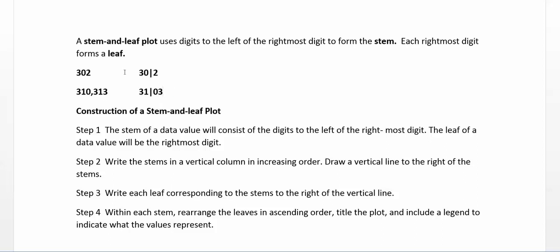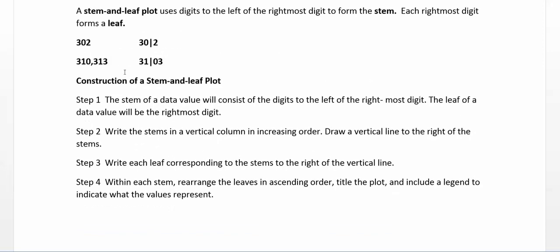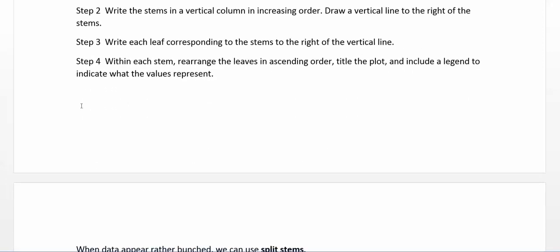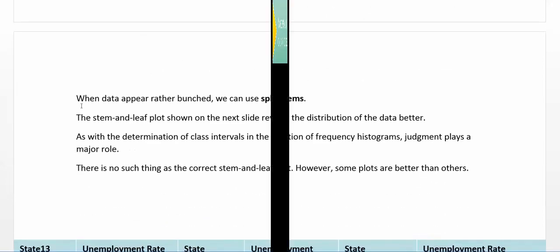That's kind of how we're going to look at doing this. So the steps, straight out of the textbook: look at the leftmost and the rightmost digit. The leftmost is your stem, the rightmost is your leaf. So we're going to go through and do that stem and leaf plot.